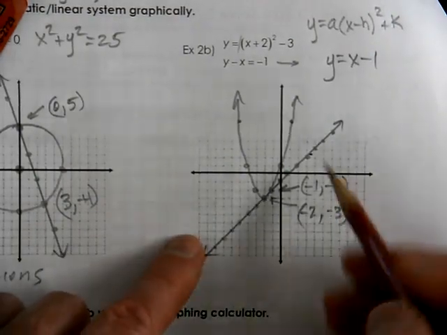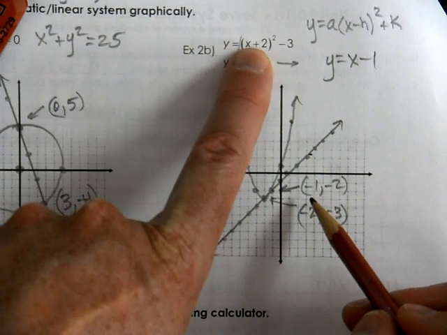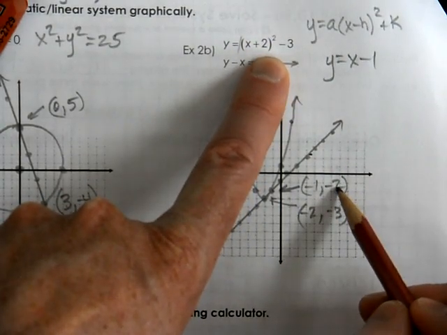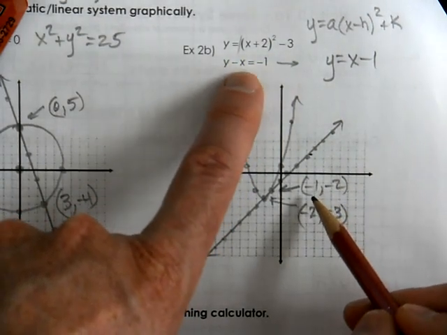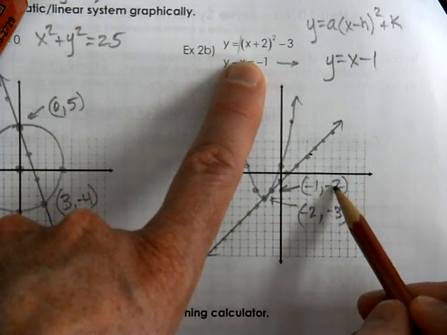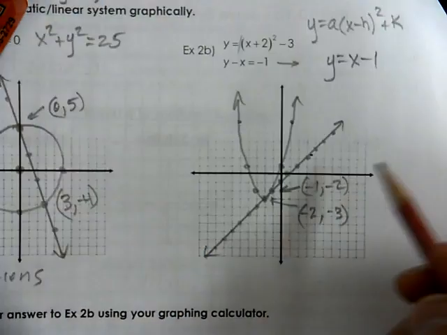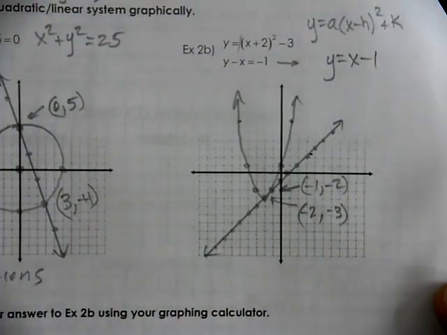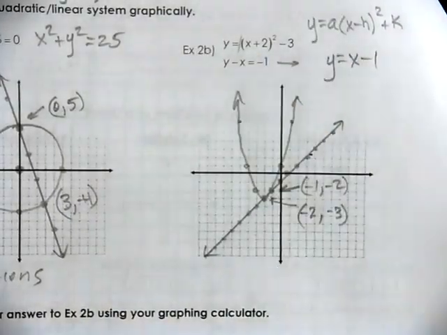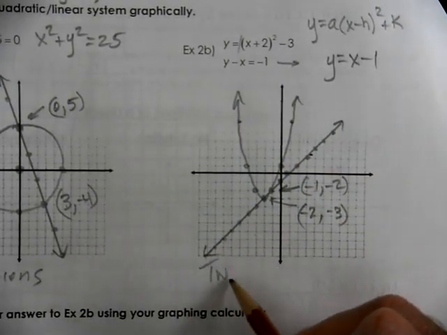And if you want to take those, you can test them in here. -1 plus 2 is 1, squared is 1, minus 3 is -2. -1 for x makes this a positive 1. -2, so -2 plus 1 gives us -1. So it is a solution. It makes it work. And you can do the same for the next equation or for both. So you have 2 solutions.